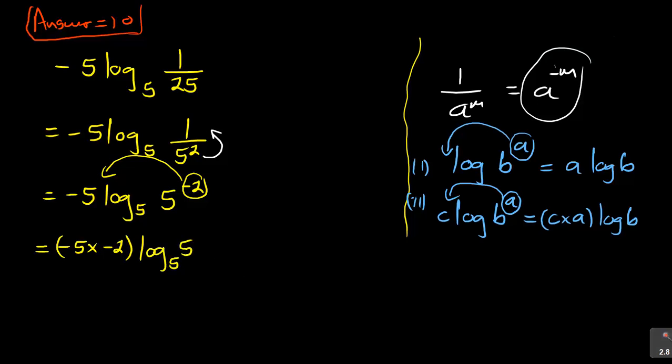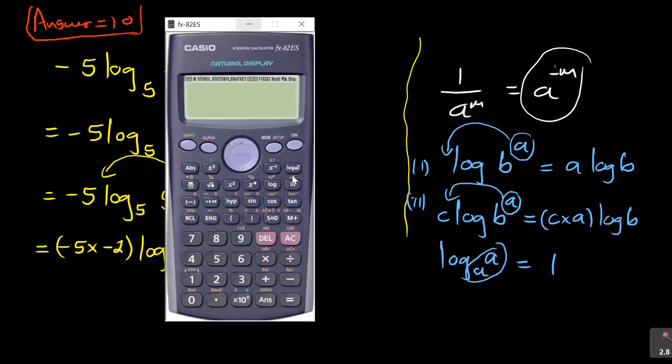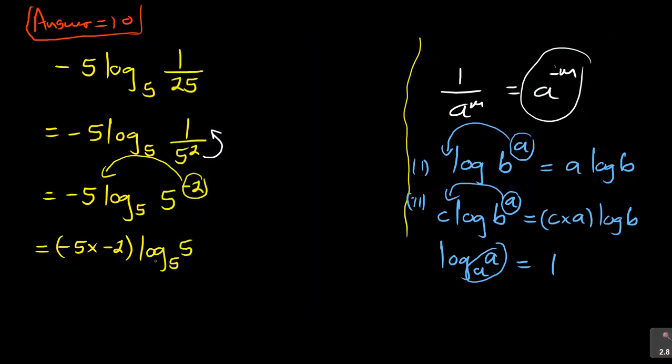Again, it's a small question, but it's got a lot of laws that are involved. There is another law which says if I have got log base a of a, when the base and the number is the same, you just get a 1. So for example, if I say log base 36 of 36, it just gives me a 1. So you see here I've got log base 5 of 5, so this will be a 1.